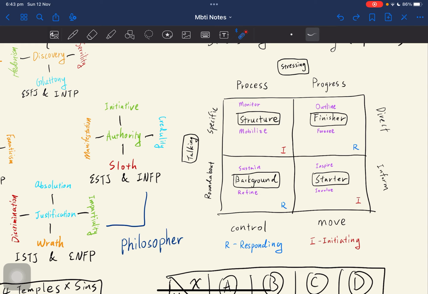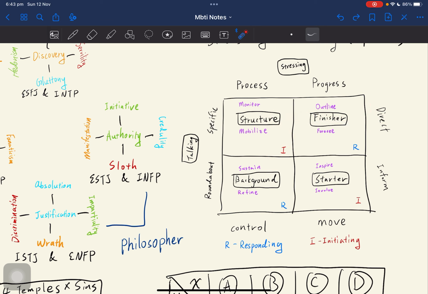Initiating is different from direct. You have to understand this. Even though they can sometimes overlap, like in the case of structure, if you are initiating and you are direct, then most likely you are a structure type.